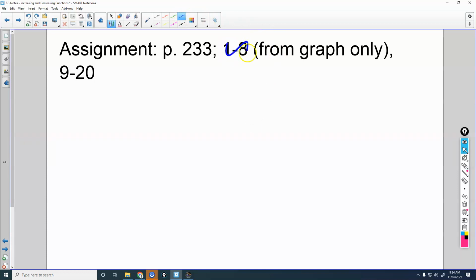So I am not going to give you 1 through 8, because that's just asking you to do it from the graph. It's pre-calculus stuff.